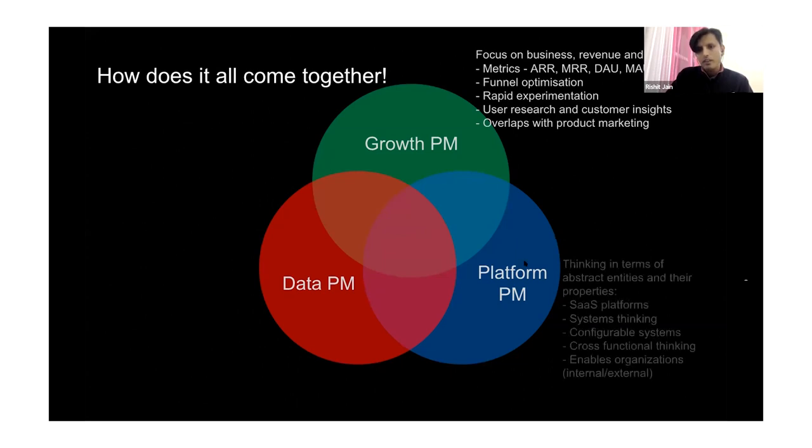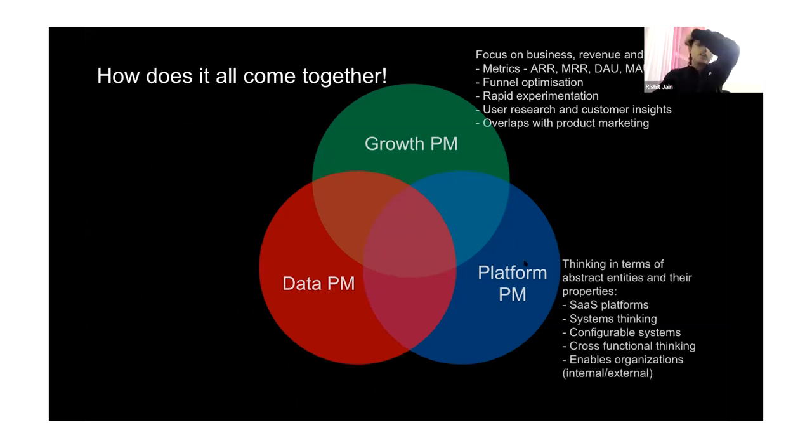Coming to the platform PM part, a platform PM would typically think in abstract entities and their properties. Right. So now going back to the example of the homepage. If I have to develop homepage as a growth PM, I might look at what is the user behavior as of today and how can I optimize people clicking on certain elements of the homepage.